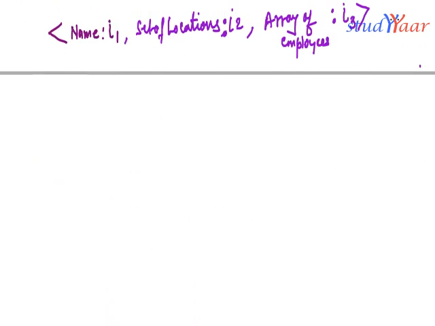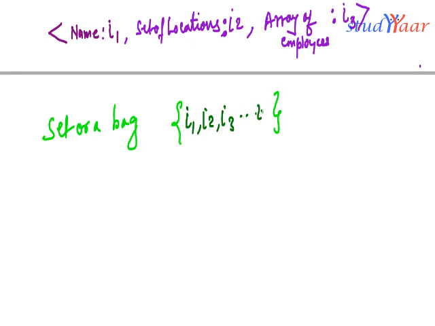Let's see how the other type constructors are represented. A set or a bag is represented by the object identifiers of their elements. So we would have I1, I2, I3 to IN.